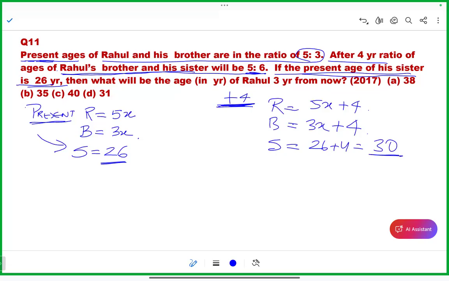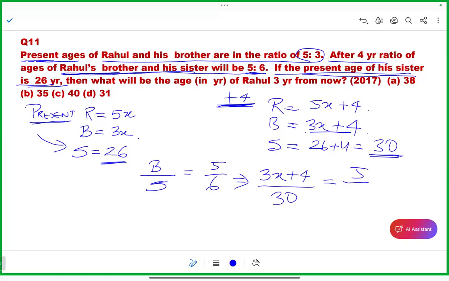Now the equation is: after 4 years, the ratio of Rahul's brother and his sister is 5:6. So the brother is 3x plus 4, divided by the sister after 4 years, 30, equals 5 by 6.